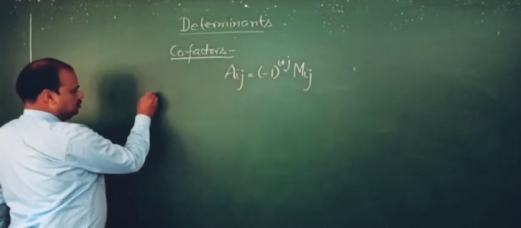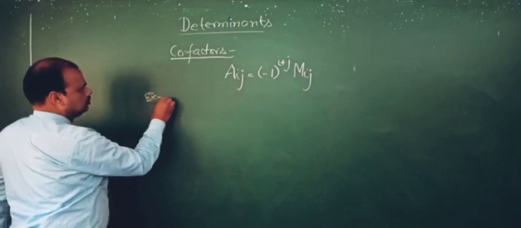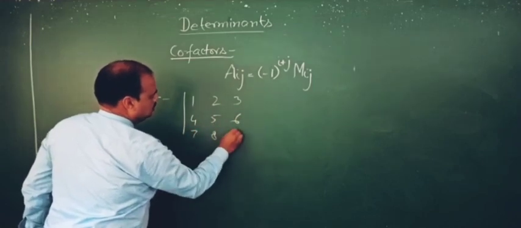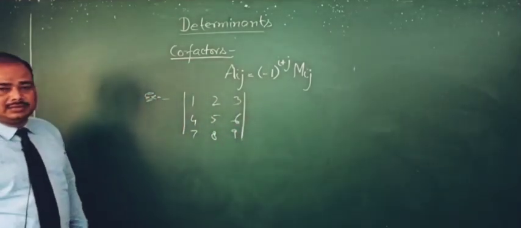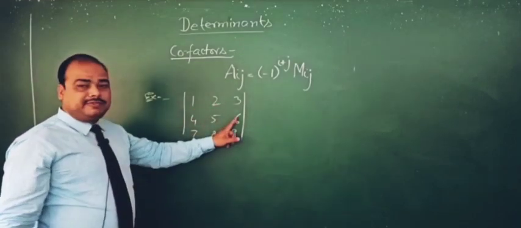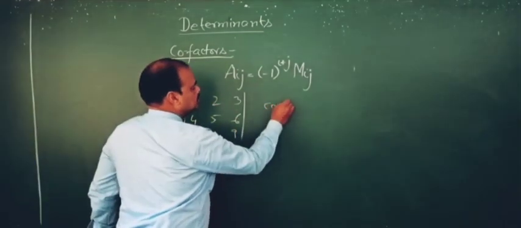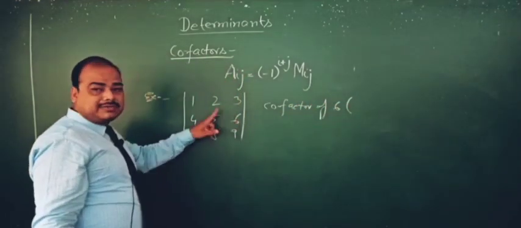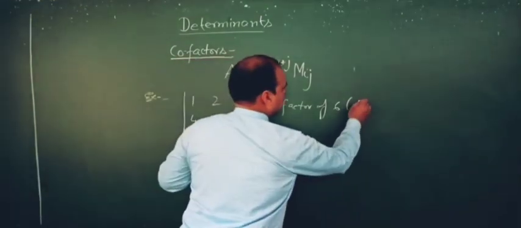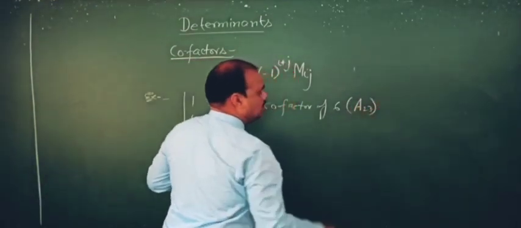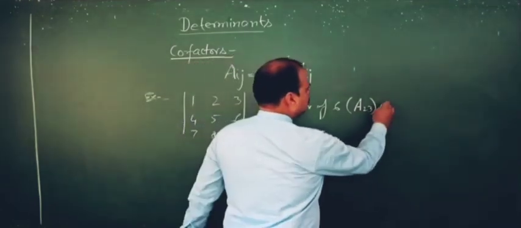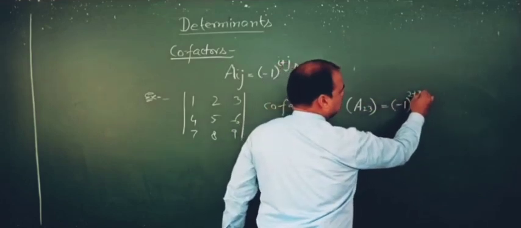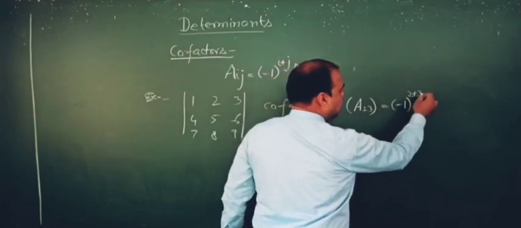For example, a determinant. This is the determinant of order 3. Cofactor of 6. 6 is the element of second row and third column. Second row and third column equal to negative 1 power i plus j, it means 2 plus 3, into minor of that element.